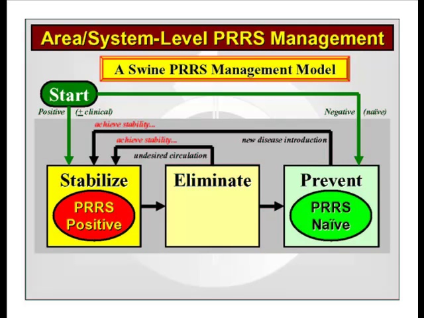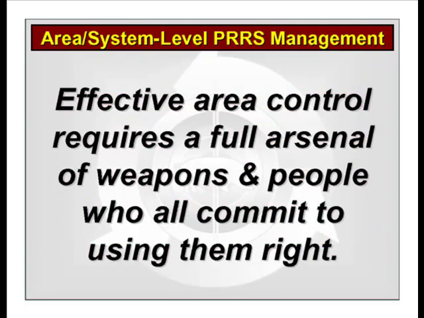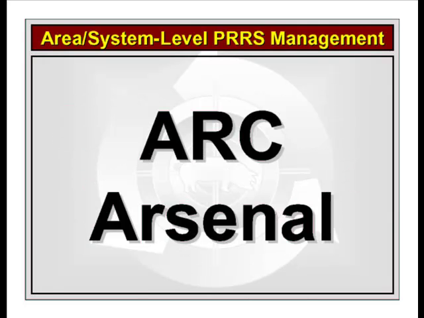So that is the starting point for any areas or regions that have positive sites. You also need weapons, and not just weapons, but you need people. Everybody involved is important to the effort to commit to using all the weapons that are available correctly. So what's the arsenal?